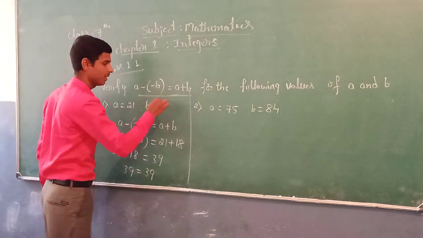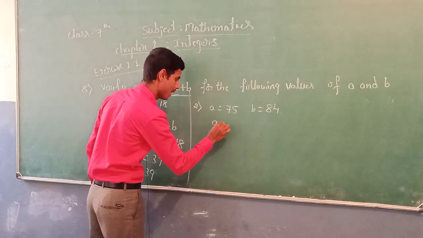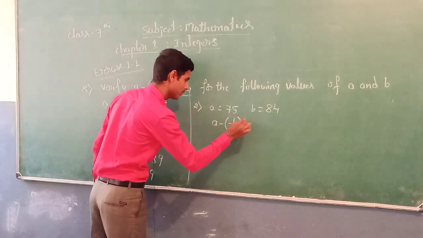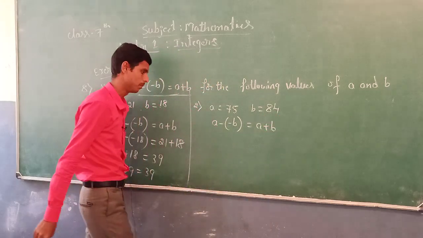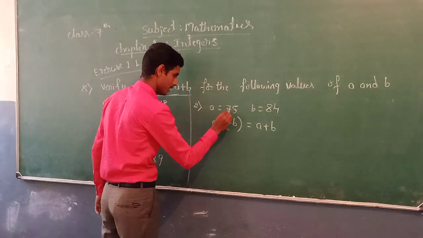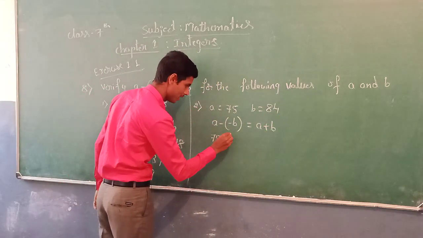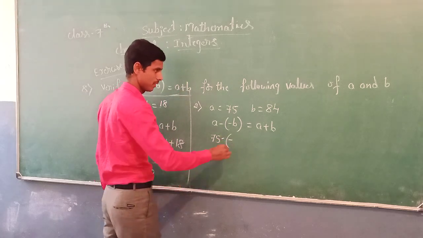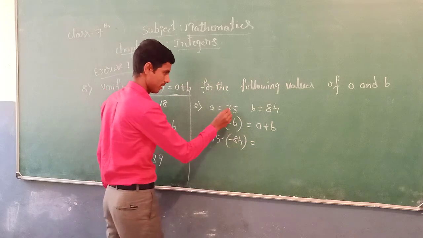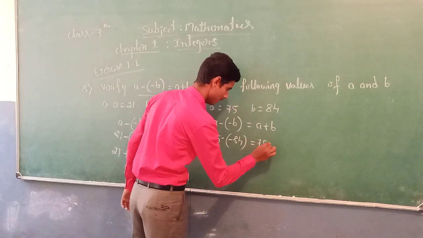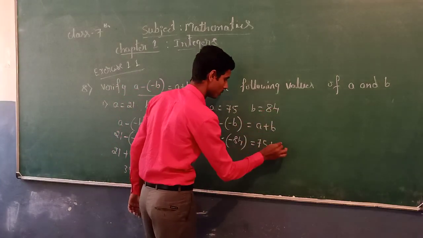The given statement is A minus of minus B equals A plus B. So A is 75 minus of minus 84 equals 75 plus 84.